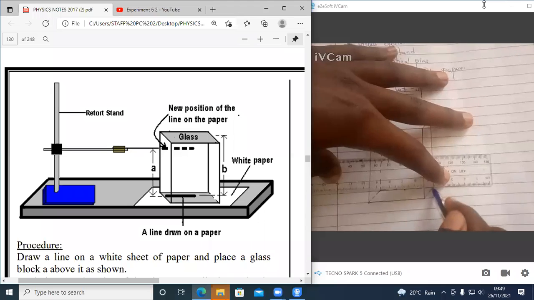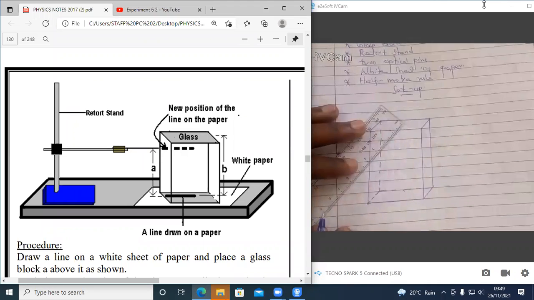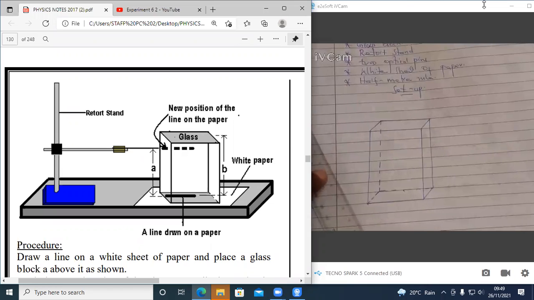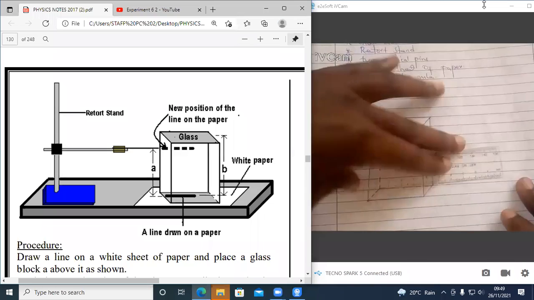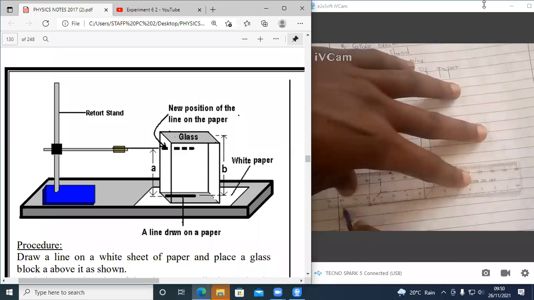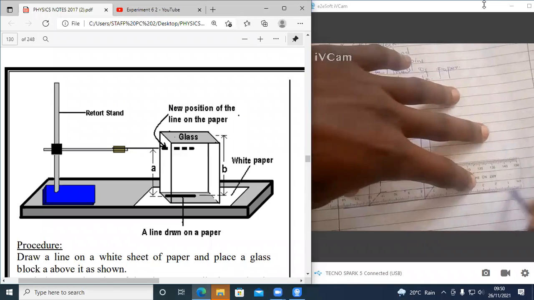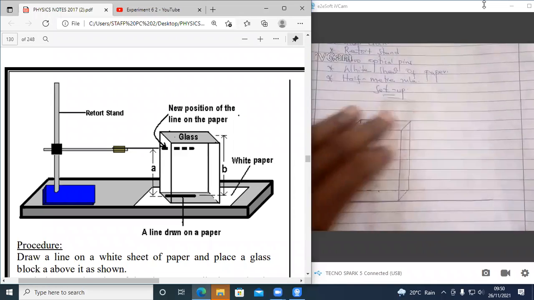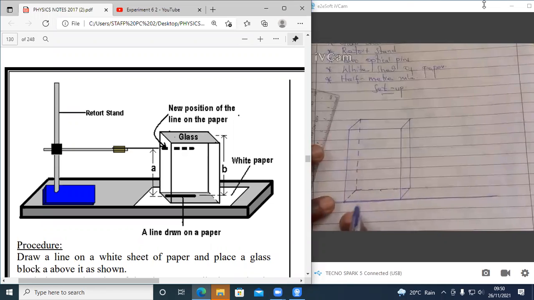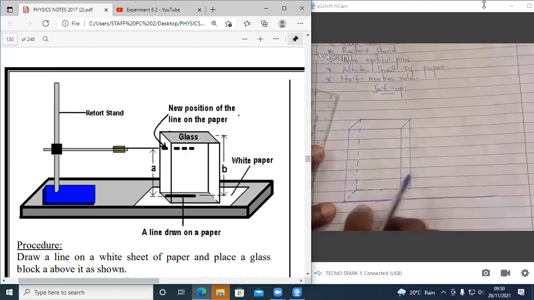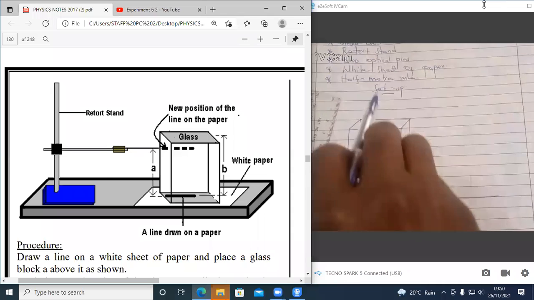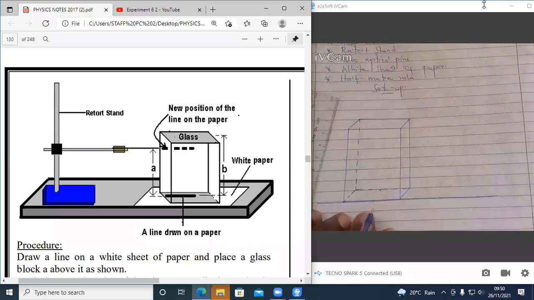So this is the other side, and it's resting on a table. So you can just sketch it like this, just make it flat. Then from one point, down here, you put the optical pin just beside it. Don't put it on top. It must be touching one side of the glass block.